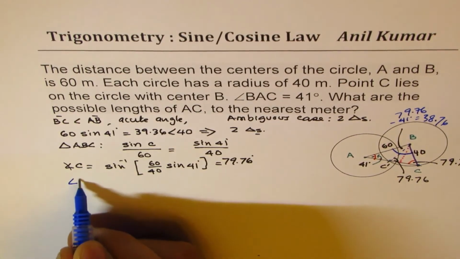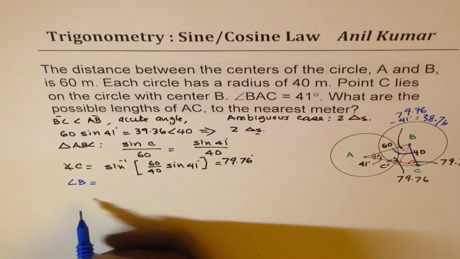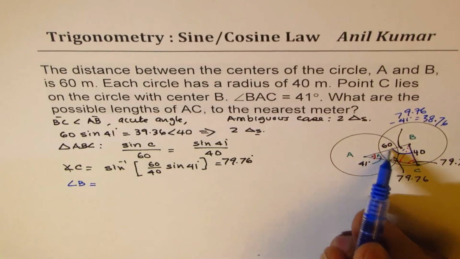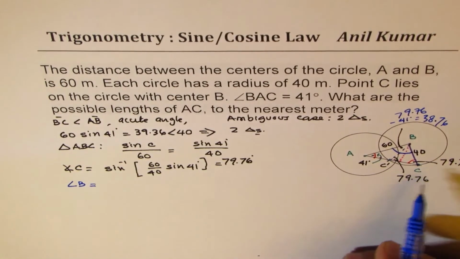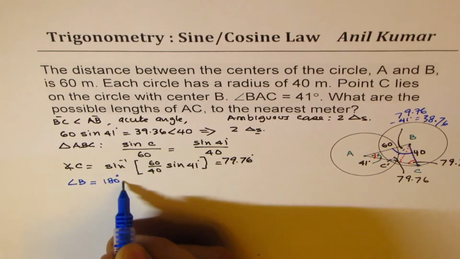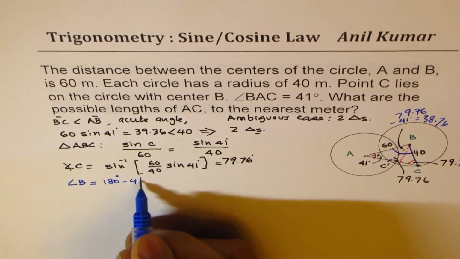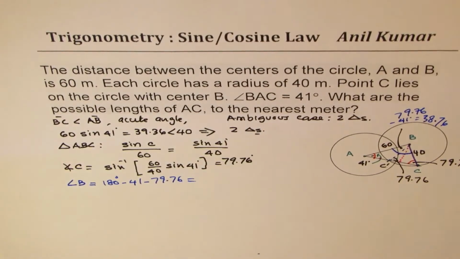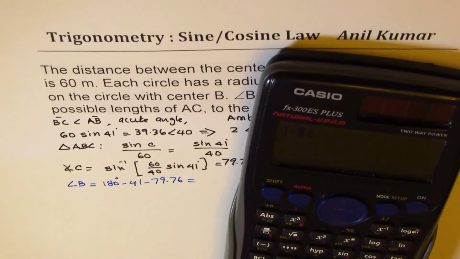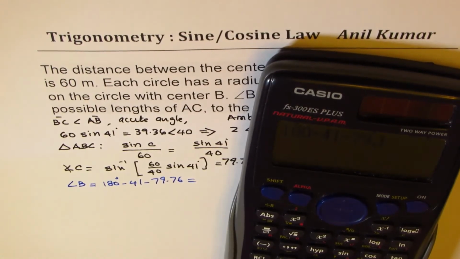Now, so angle B is equal to, so when I say angle B, we are still working triangle ABC. That should be 180 degrees minus 41 minus 79.76. So it is 180 minus 41 minus 79.76.